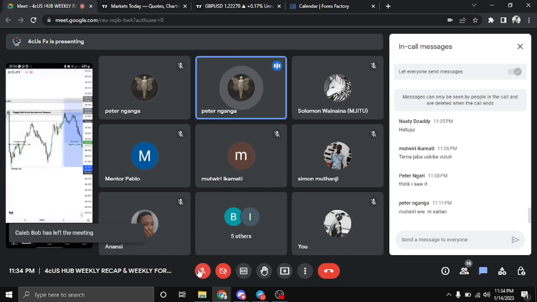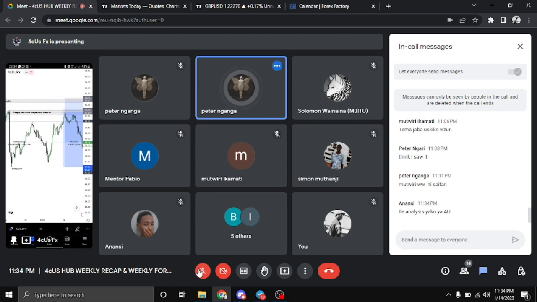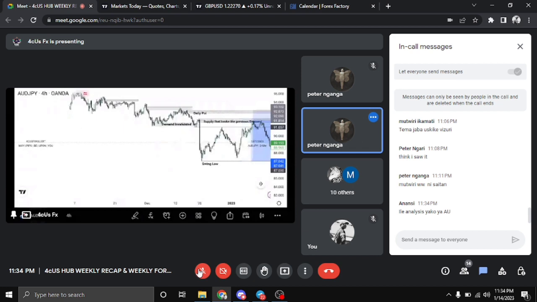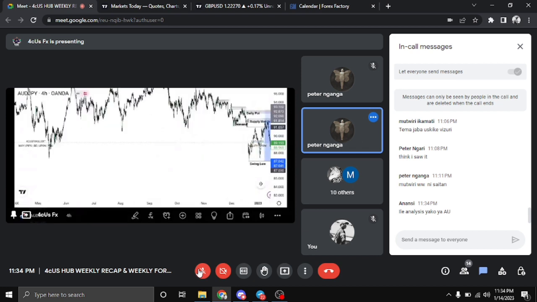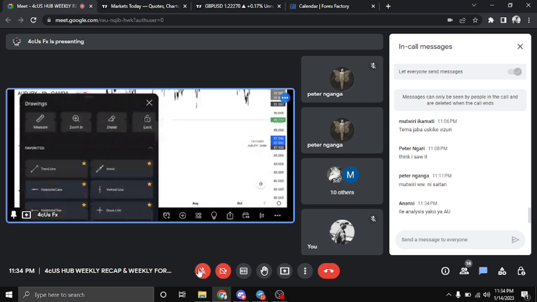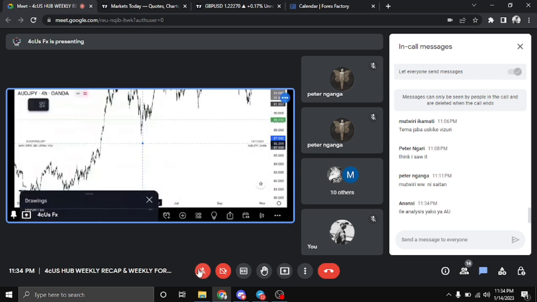Sijui ukimalizia hii unaweza kuzilia USDJPY. I was taken out on Thursday, lakini nilikosa reasons za why. So kwa JPY naona kuna hii zone hapa.